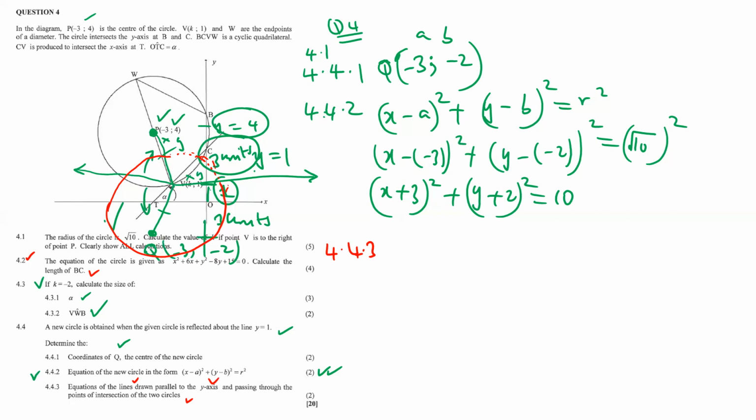What are the x values? So you'd have that (x + 3) squared plus (y + 2) squared equals 10.